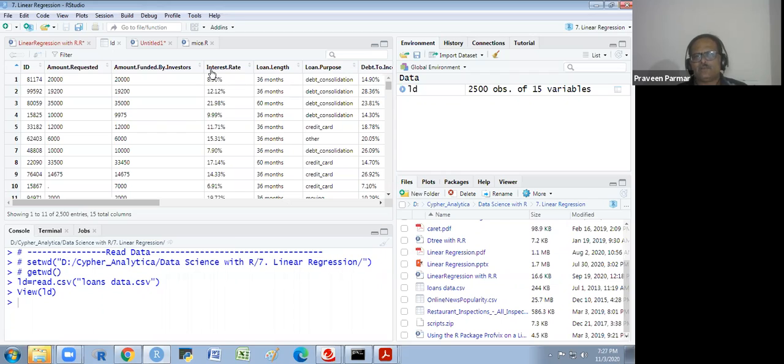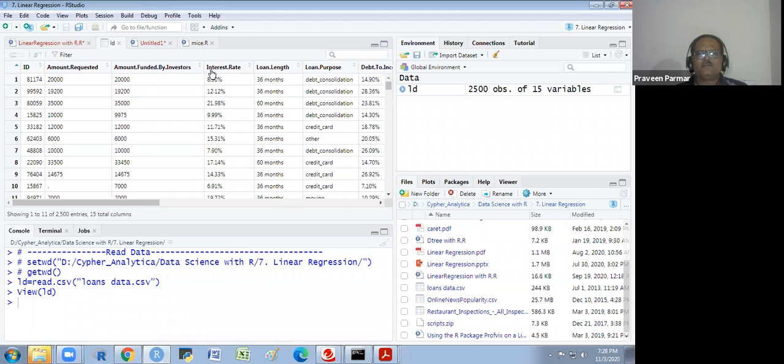In this way, what purpose you are using it for is also very important. So all these things make some impact on the interest rate. So we have to find out this interest rate. Got it? This is our target variable.